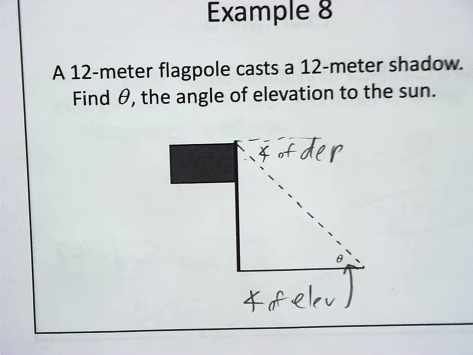They will be the same. How do I know they're the same? Because it makes a rectangle, so it's a 90 degree angle. You have two parallel lines and you have a transversal, the line crossing them both.